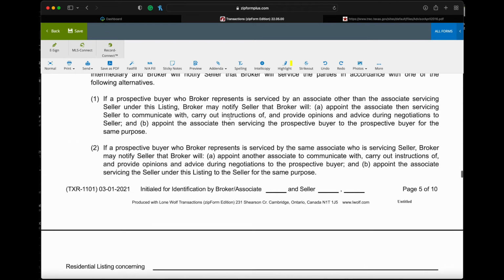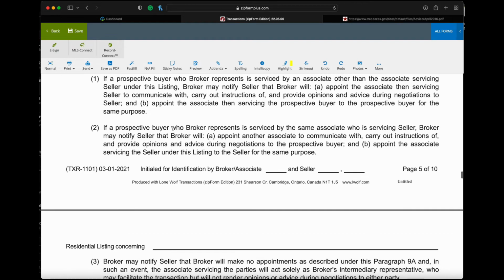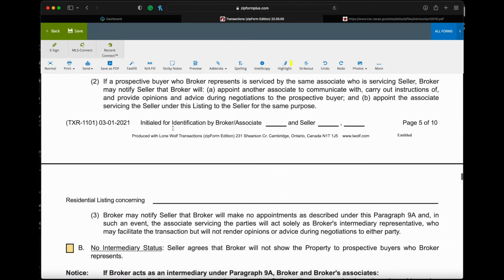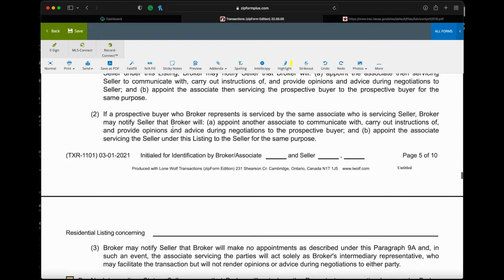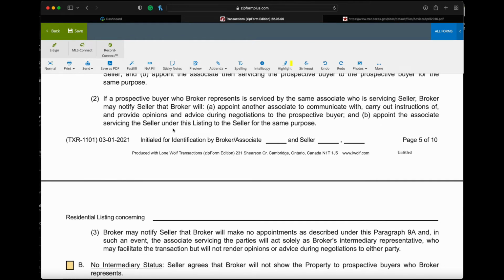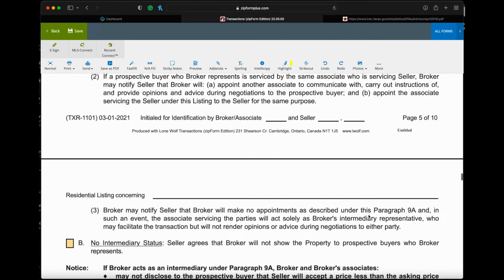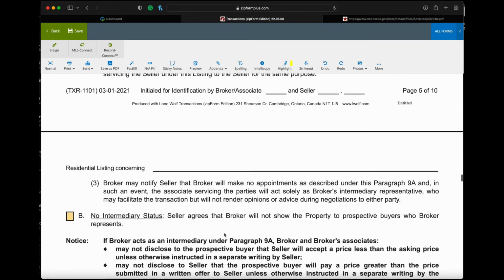You might appoint another associate to service the buyer side, either one of them to help you out, so that there are no conflicts or accusations of unfairness. Or you might just not make any appointments and serve as a transaction broker or sales associate.